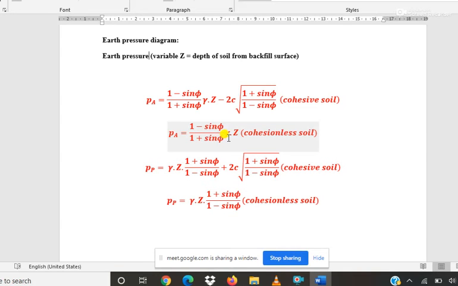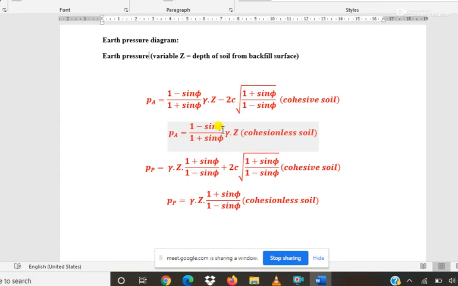Then the value of gamma, that is the unit weight of the soil, will be given. Ka is 1 minus sin phi divided by 1 plus sin phi, or the reciprocal of that for Kp, calculated from the value of phi only.